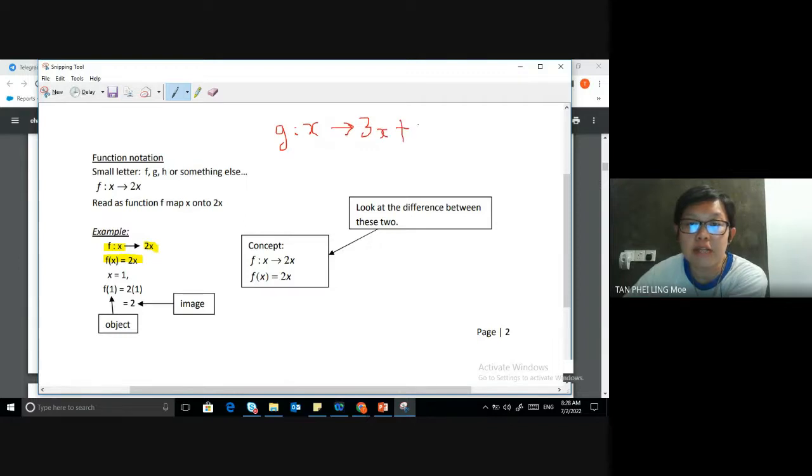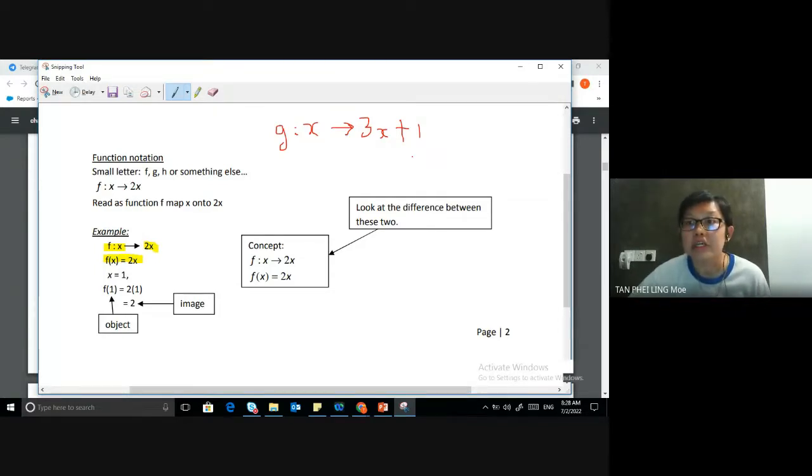You can say that the function g maps x onto 3x + 1. This is to help you when you have to present maths orally. You have to know how to read them correctly.